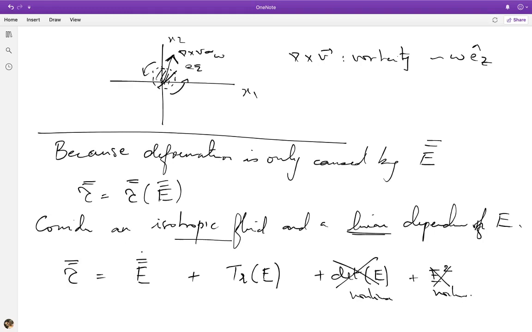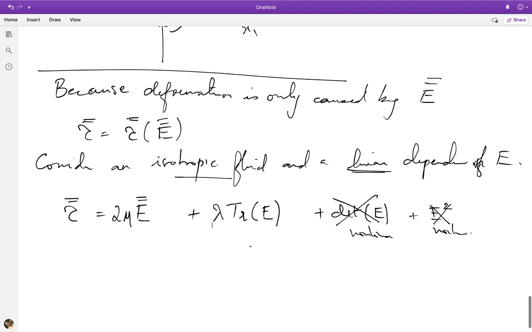So the simplest linear relationship which obeys isotropy is written here. And then we have to simply add a multiplicative constant. So this mu now is a constant, and 2 has been introduced as basically convention. This mu we will call the viscosity. And there's another constant here, lambda, in front of the trace of E. But we're not yet done.